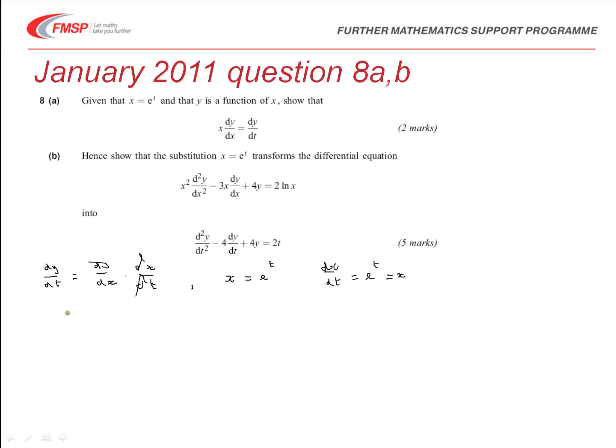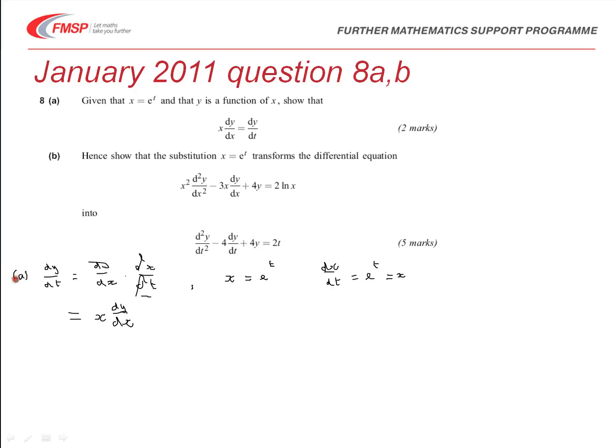And so we can substitute x in place of dx by dt in here, and so we end up with the result that x times dy by dx is equal to dy by dt. So that's part A dealt with.